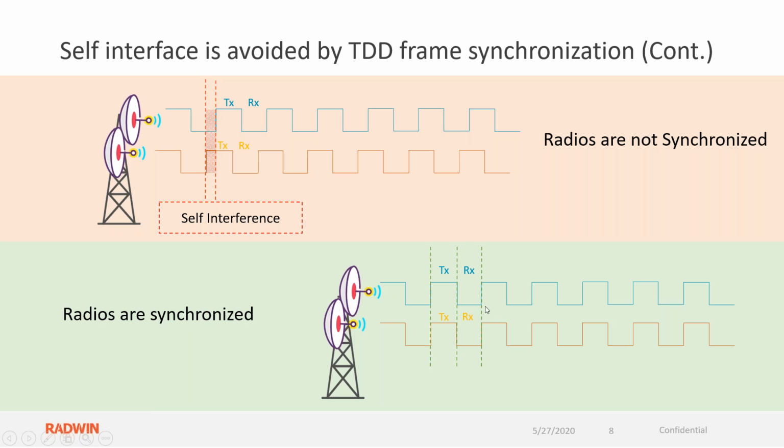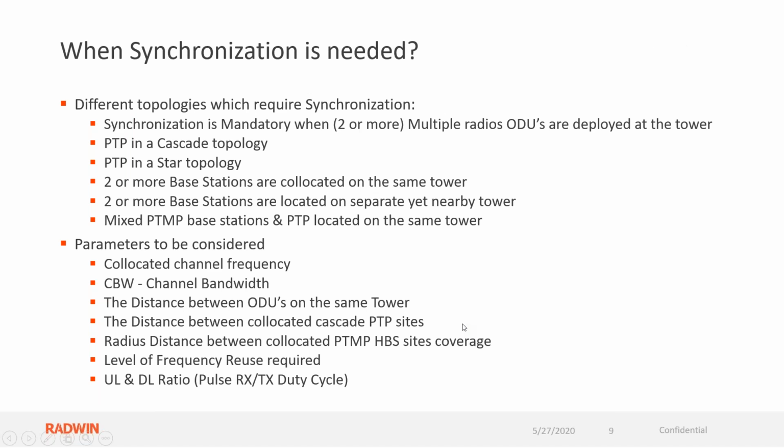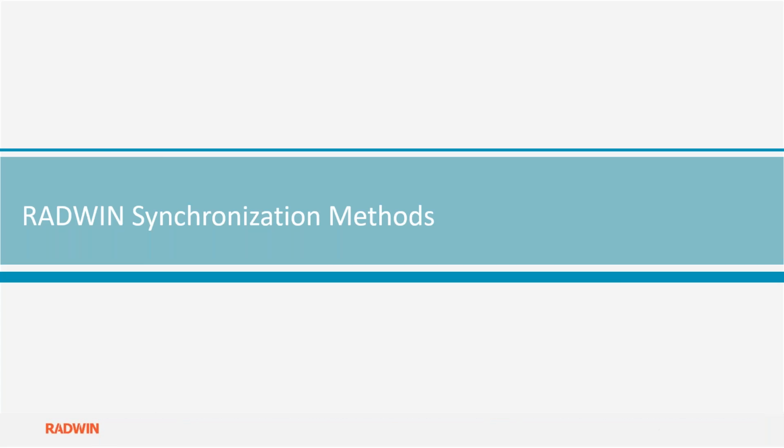All the slaves will get the same clock from the master. So if there is a master and the master is TX, I can guarantee that all of them will get the same clock and all of them will transmit at the same time. Again, if they are synchronized and the duty cycle is 50-50, I can tell you for sure that if the master is transmitting, all the slaves will transmit at the same time and receive at the same time. That is why we need the master clock.